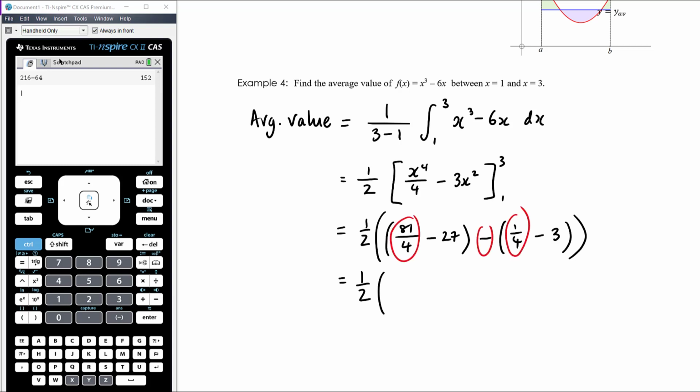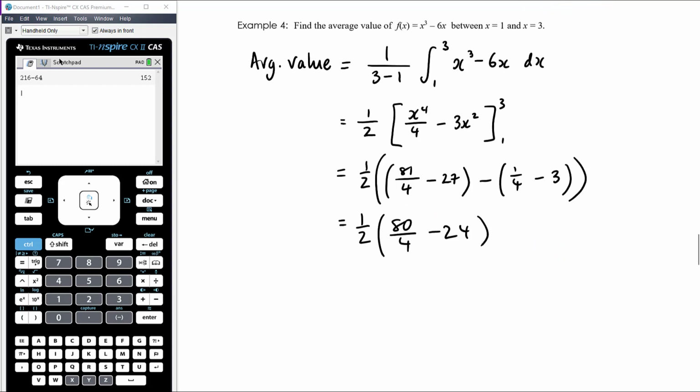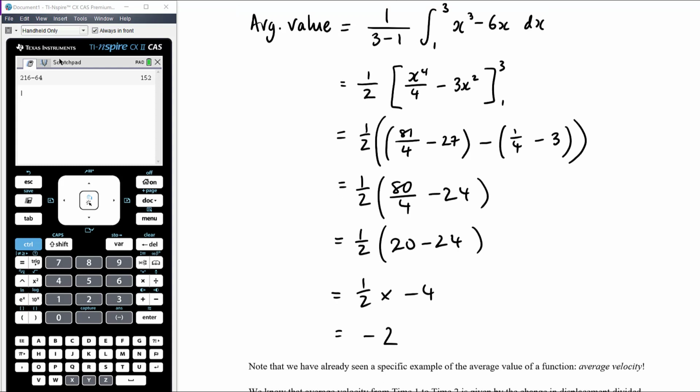So that's 80 on 4, which is nice. And then we've got negative 27 minus negative 3. So that's negative 27 plus 3, which is negative 24. So we've got half. 80 on 4 is 20 minus 24. And so we've got half times negative 4. And so it's negative 2. So the average value is negative 2.